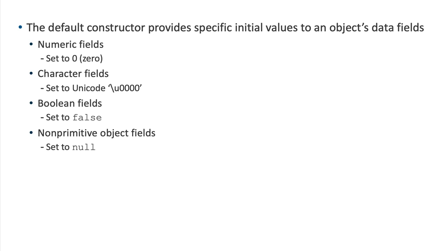The automatically supplied default constructor provides the following specific initial values to an object's data fields. Numeric fields are set to 0. Character fields are set to Unicode 0000. Boolean fields are set to false. And fields that are object references, for example, string fields, are set to null or empty.